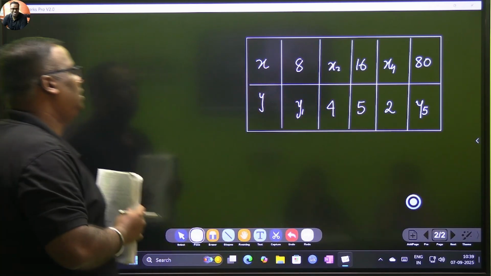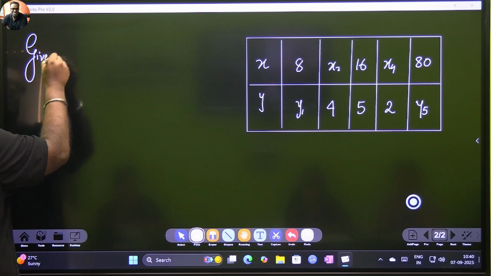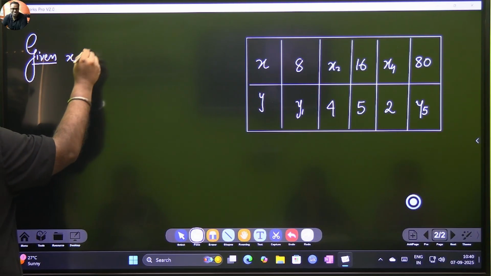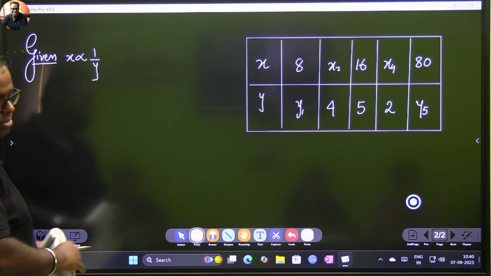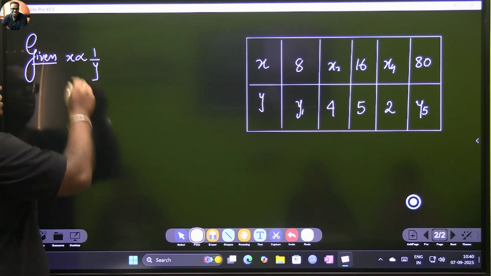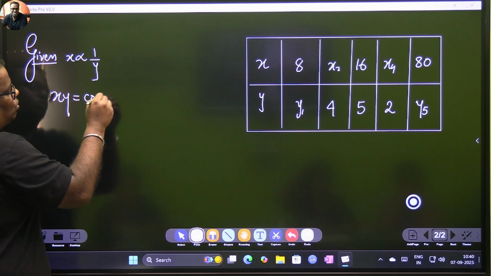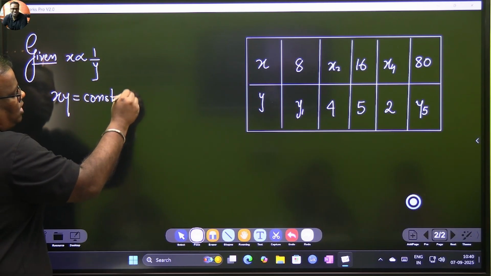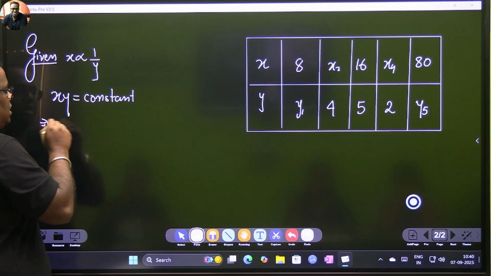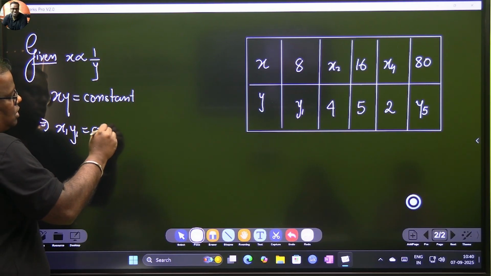The problem starts saying that given x is inversely proportional to y. They have already specified that x and y are inversely proportional. So what do we know from here? If they are inversely proportional, then xy should always be equal to constant. If xy is equal to constant, it implies that an x1 with its partner y1 will always be constant.